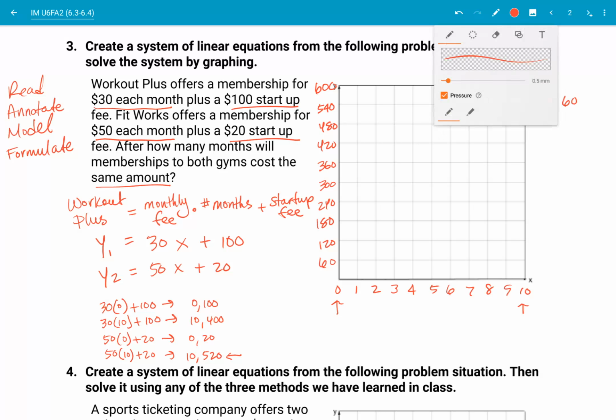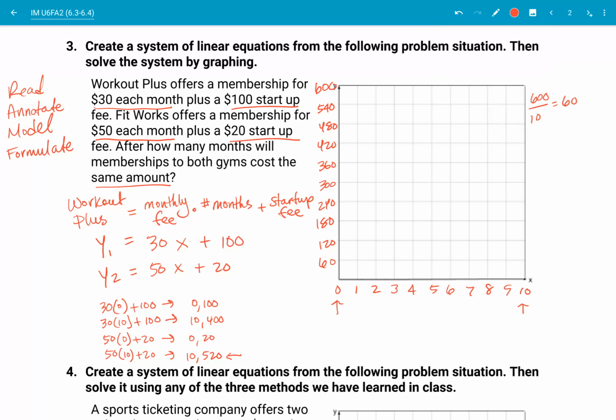So let's plot a point at 0, 100, which is right about here, and a point at 10, 400, which is right about here. So here's the point 0, 100, and here's the point 10, 400. And now let's plot our other 2 points. I'm going to point at 0, 20, which is down here. There's 0, 20.